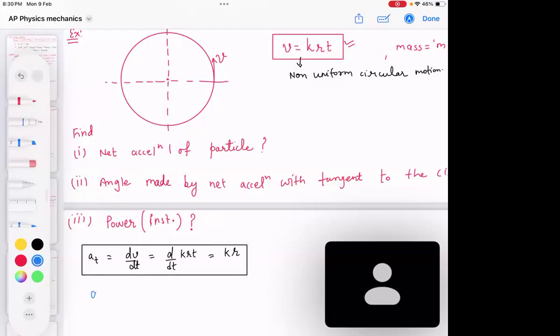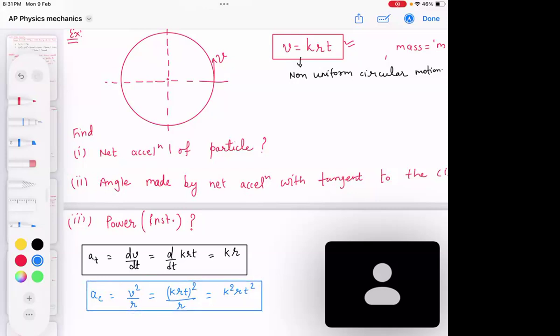Now we'll calculate the centripetal acceleration. Centripetal acceleration is v square by r, so we get k square r t square. These are the two types of acceleration the particle has.